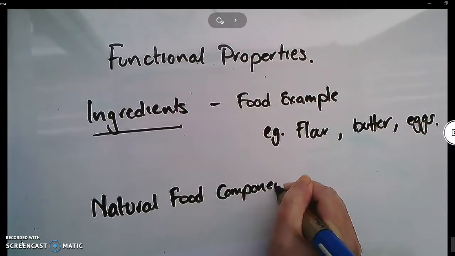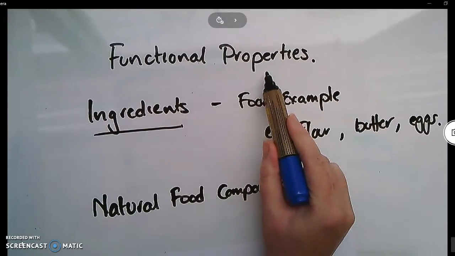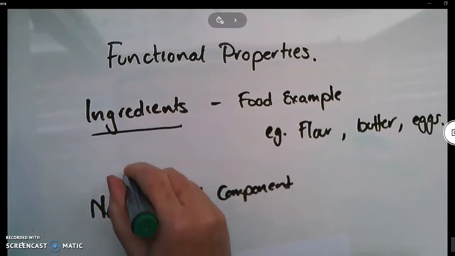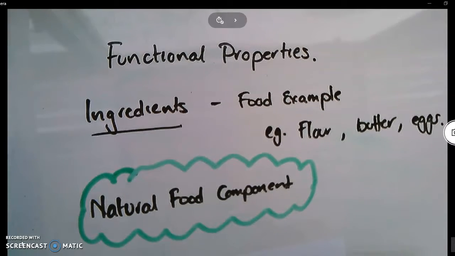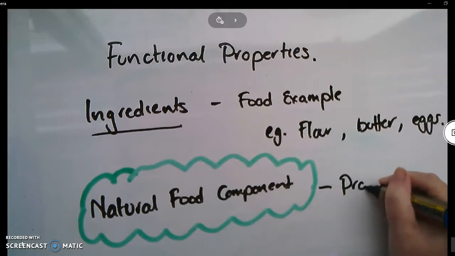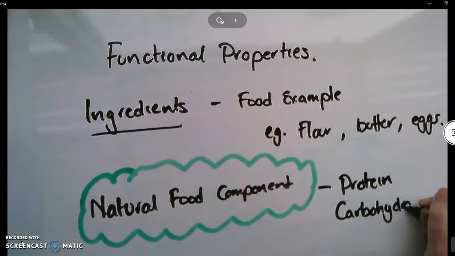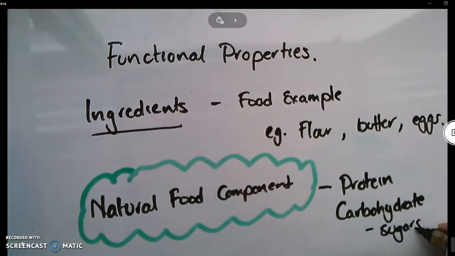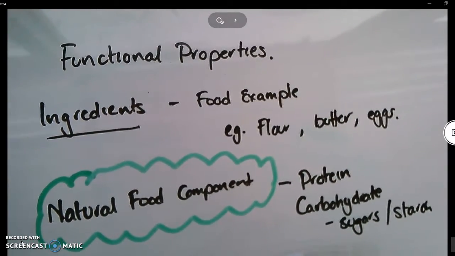You might sometimes hear them referred to as functional properties, okay? So if you see the word functional properties, what we're really referring to is this, the natural food components, okay? Now, they are things like protein, carbohydrate, but be careful with carbohydrate because you need to separate those into sugars and starches because they both have quite different chemical properties.